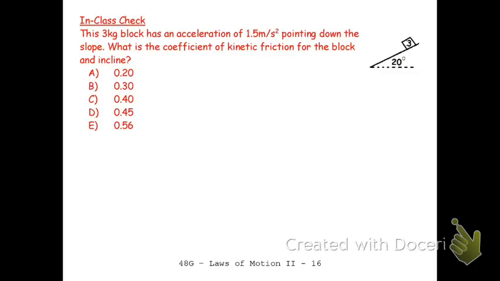I've got 7 minutes. Let's do the last one. A 3 kilogram block has an acceleration of 1.5 meters per second squared, pointing down the slope. There's a bit of language issue there. What is the coefficient of friction?